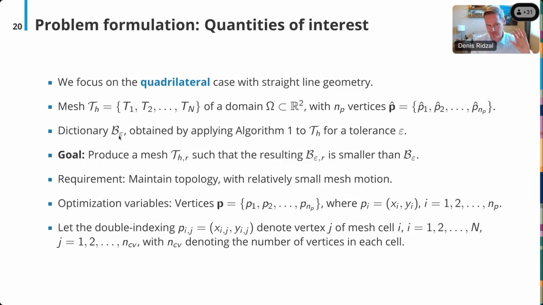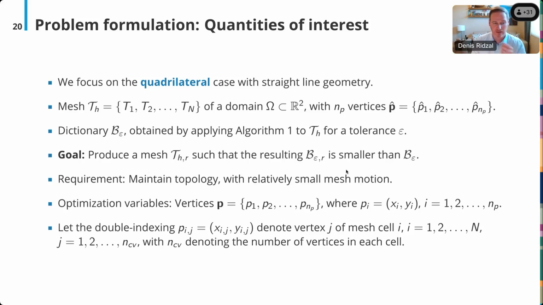And just keep in mind, the P hat here is a given mesh, so it may not have any redundancy or very little redundancy. And whatever dictionary we get, our goal is to improve that by producing a mesh THR such that this B epsilon R is then significantly smaller than B epsilon.